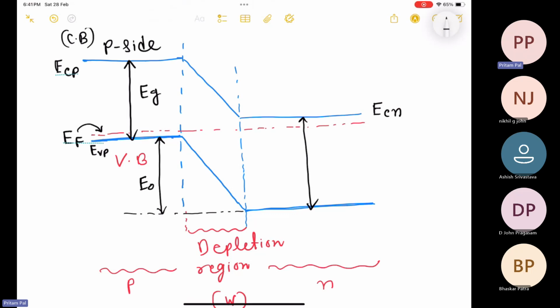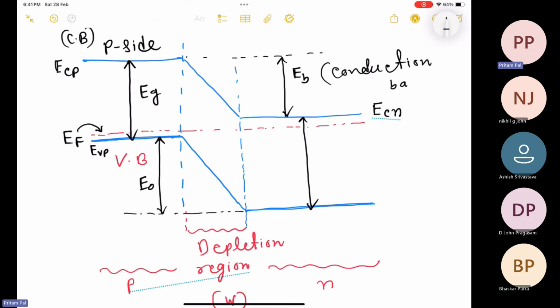Let me define this region as EB. This is the conduction band on the N side, ECN, and then this is again EG, the band gap.